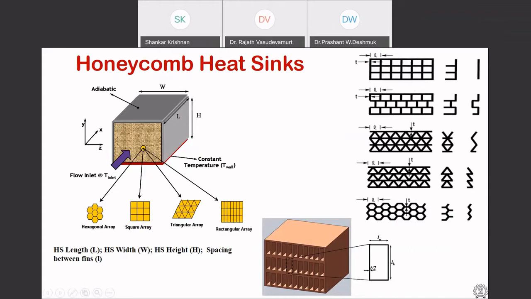However, the circle will create non-uniform thickness of these fins, a non-uniform distribution of material around. So we did not explore circles. However, the hexagonal shape represents something like a circular duct.